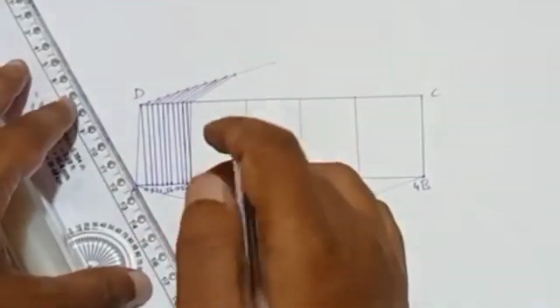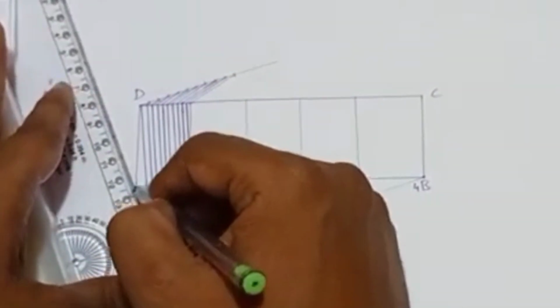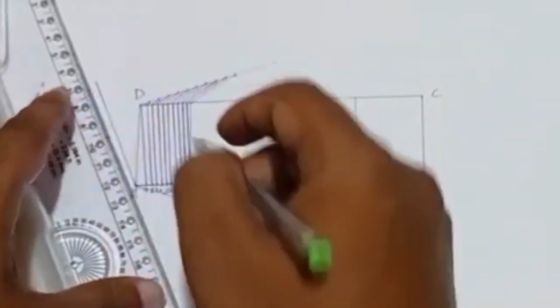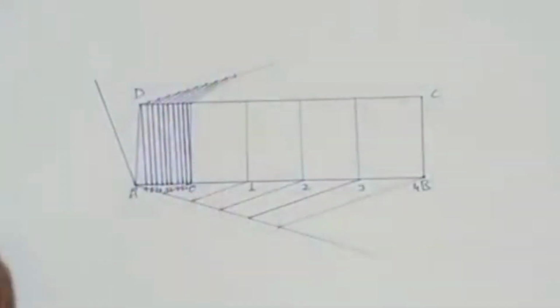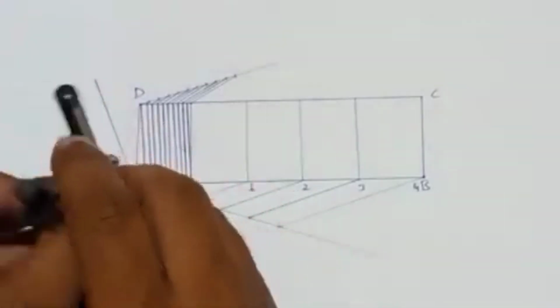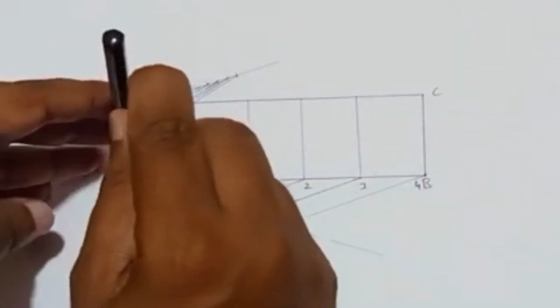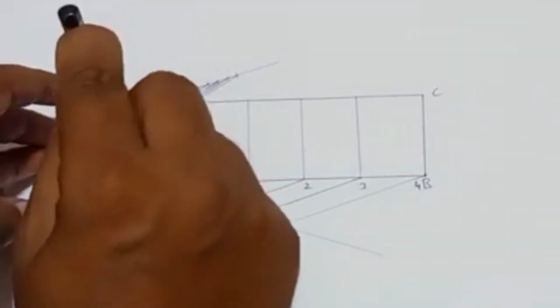To divide into decimeters, I'll be drawing another angle line, less than 90 degrees. Again we have to divide this into 10 equal parts. So take the compass, take the smallest length and cut the arcs here. A total of 10 arcs we need to cut here.